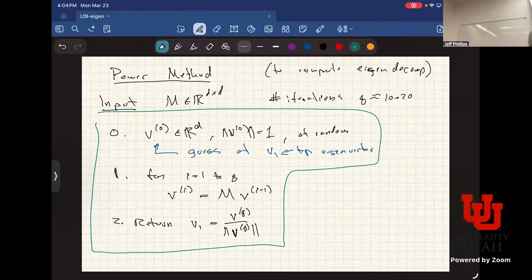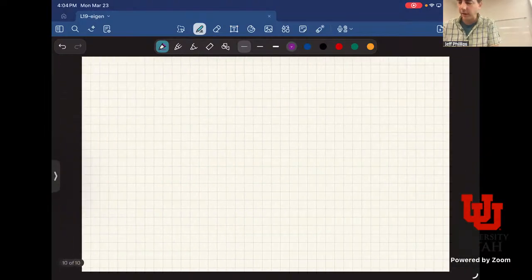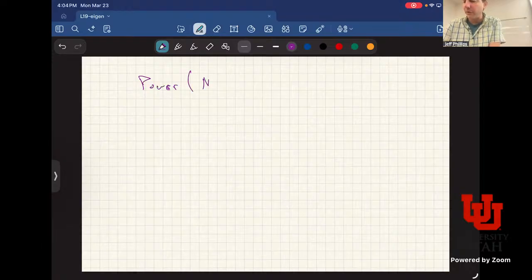Okay, and then I'm going to factor this out. I will come back to that slide. But if I do a power method of M, this will give me V1.